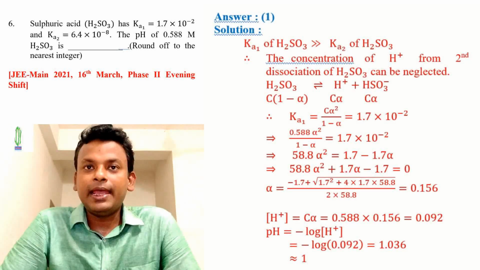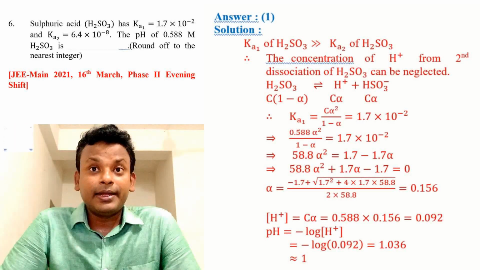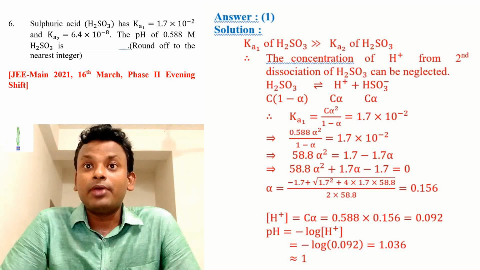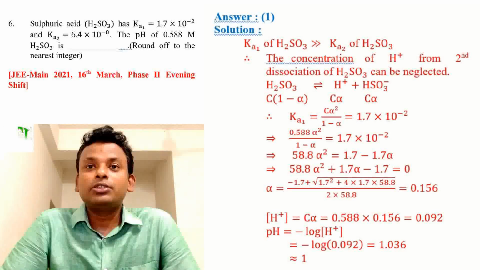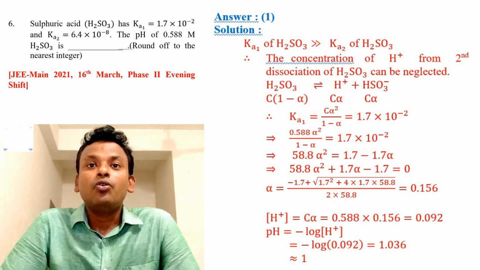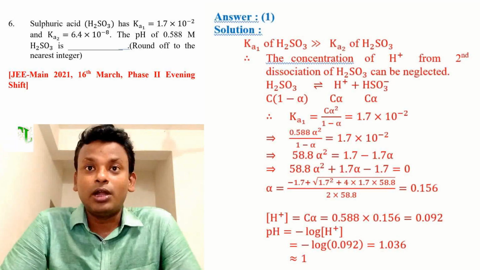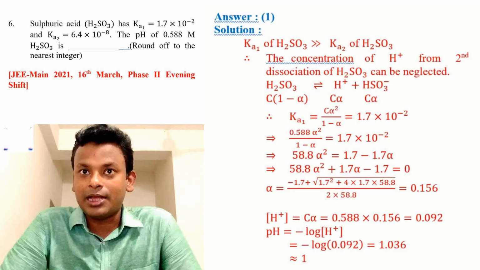Ka1 of H2SO3 is very much greater than Ka2 of H2SO3. The concentration of H plus ion from second dissociation of H2SO3 can be neglected. So we know Ostwald dilution law: Ka equals to C alpha square by 1 minus alpha.